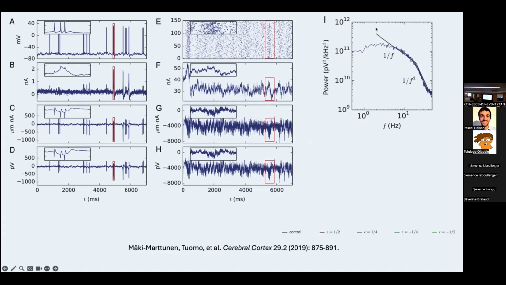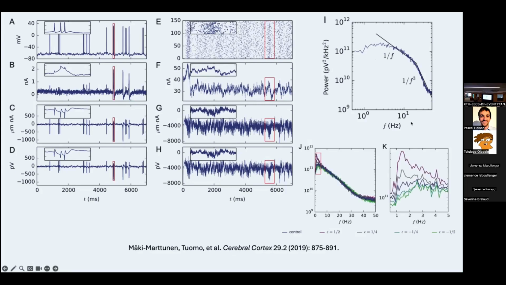Here we showed that if we plot it on log-log axes, it reproduces some features that have been reported in awake mammals, cats, if I remember right.